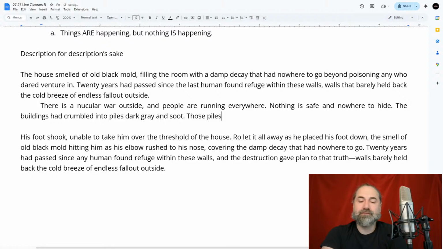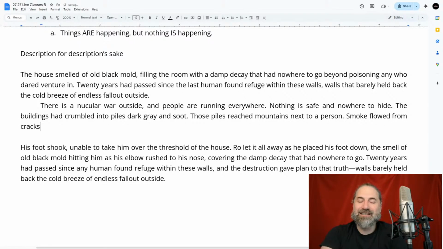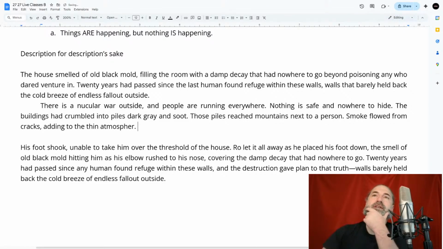Those piles reached mountains next to a person, right? Okay, and then let's say smoke flowed from cracks, adding to the thin atmosphere.